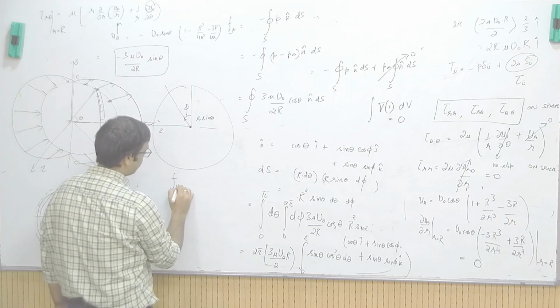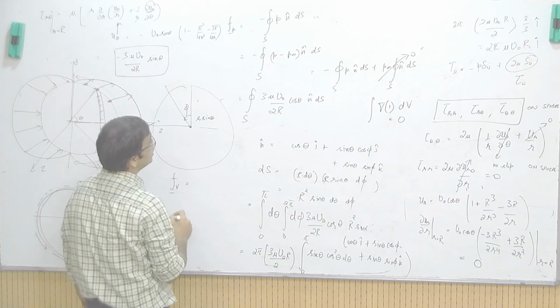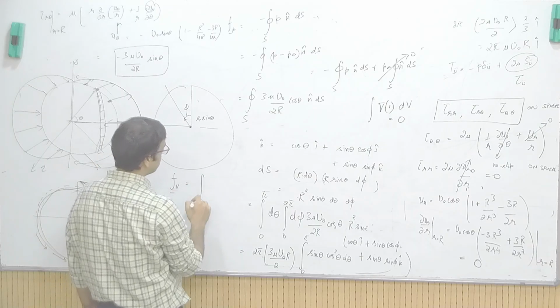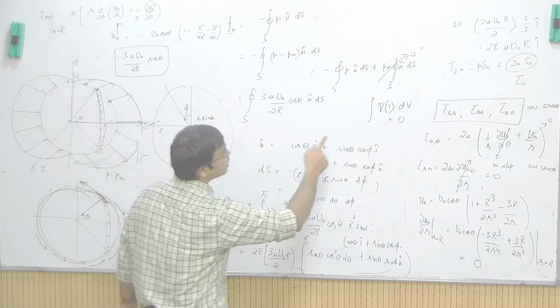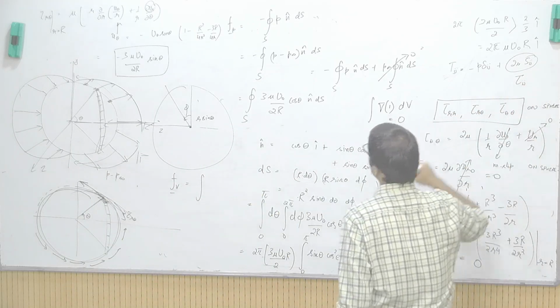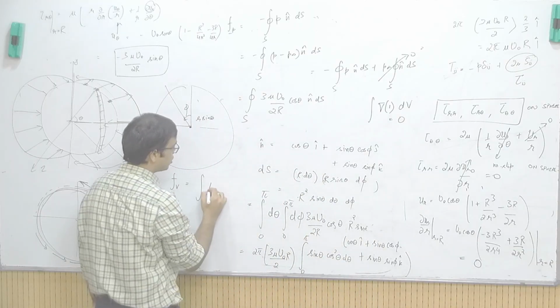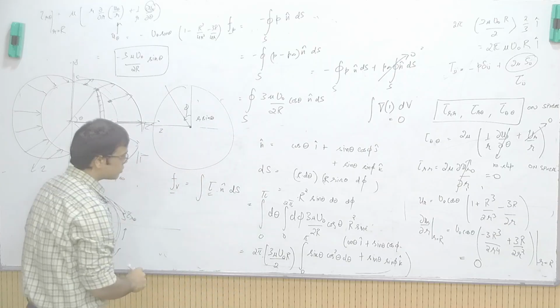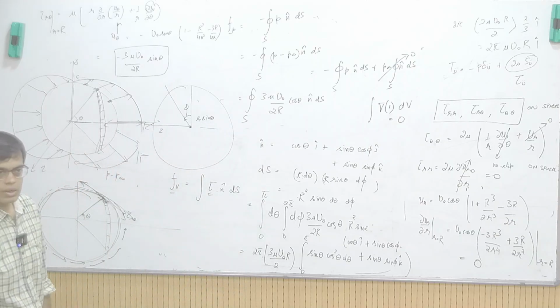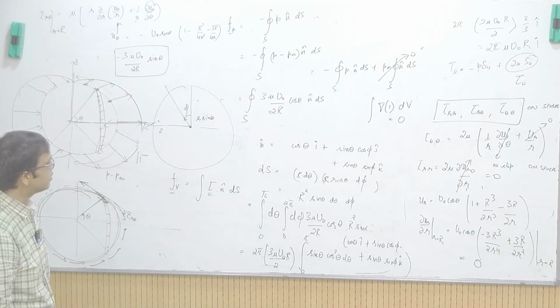So we'll write Fv, the viscous force, and I want to write the force due to viscous stresses. This we wrote as tau, so the force is tau dot n ds.